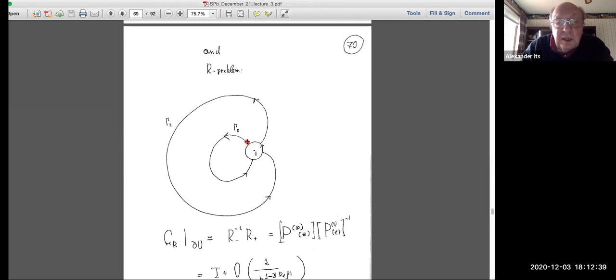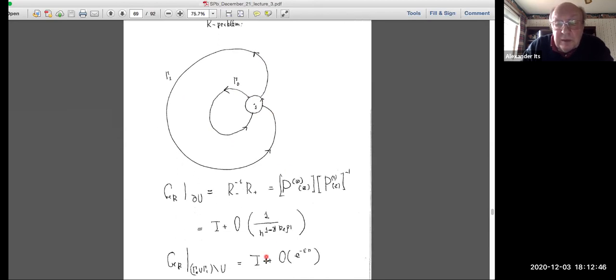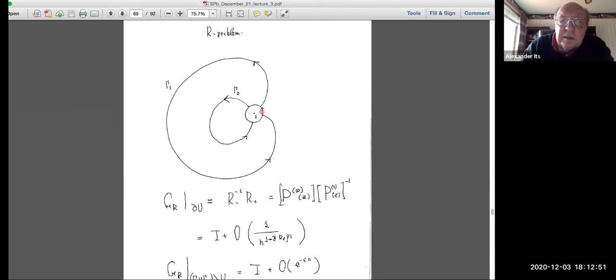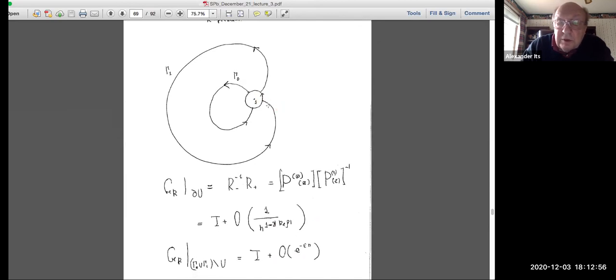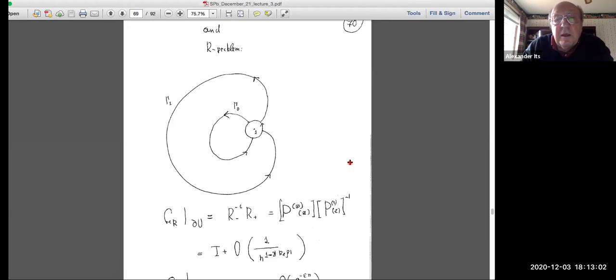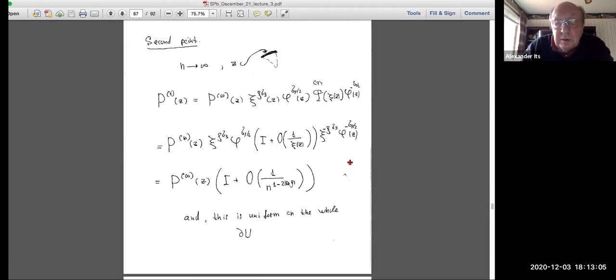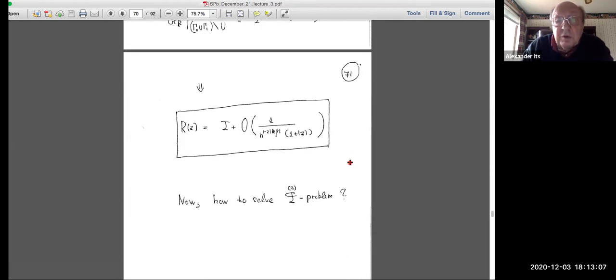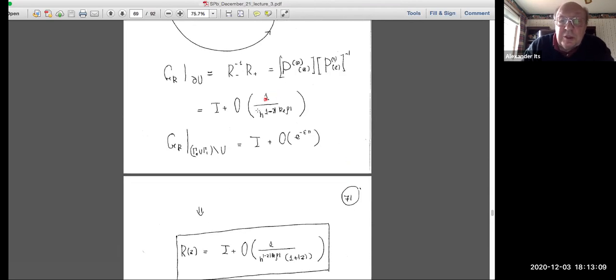It is those pieces of gamma 1 where the jump is exponentially close to identity, and across the boundary of U. Here it is just the division, P infinity and P minus 1. And because of that relation, it is also close to identity. Not exponentially, but like 1 over n.